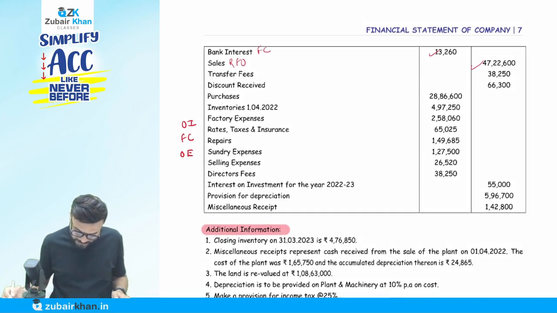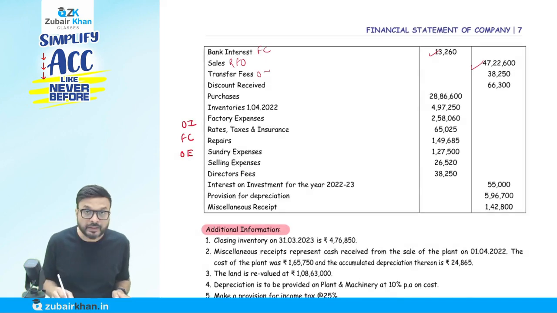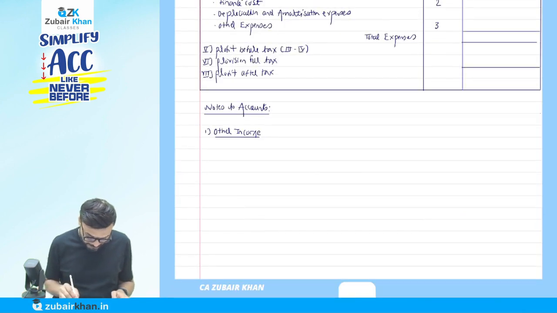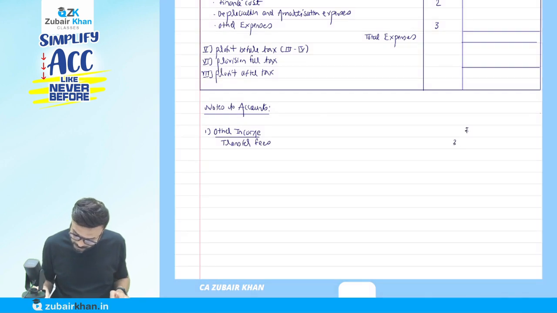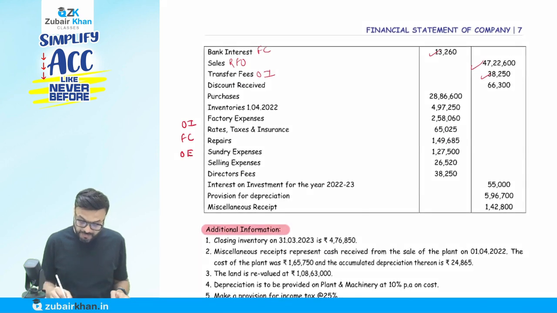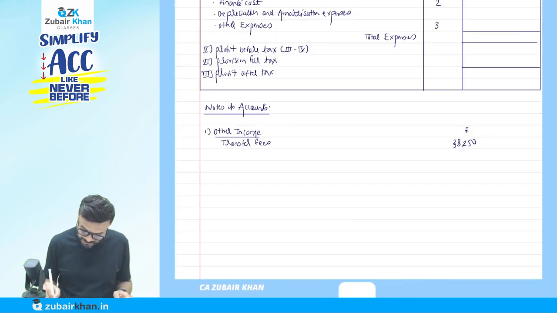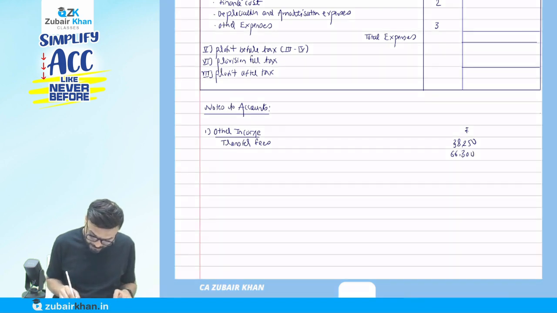Then we have the transfer fees, which is other income, 38,250. So under other income, write down the transfer fees, 38,250. Then we have discount receipt, not dividend, sorry, discount receipt. This is also other income in the P&L, 66,300.